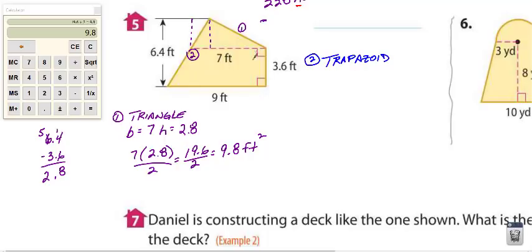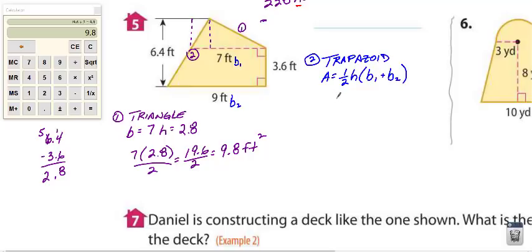Those are called its 2 bases. For a trapezoid, this would be base 1 and this would be base 2. The formula for a trapezoid is the area equals 1/2 of the height, in this case 3.6, times base 1 plus base 2.